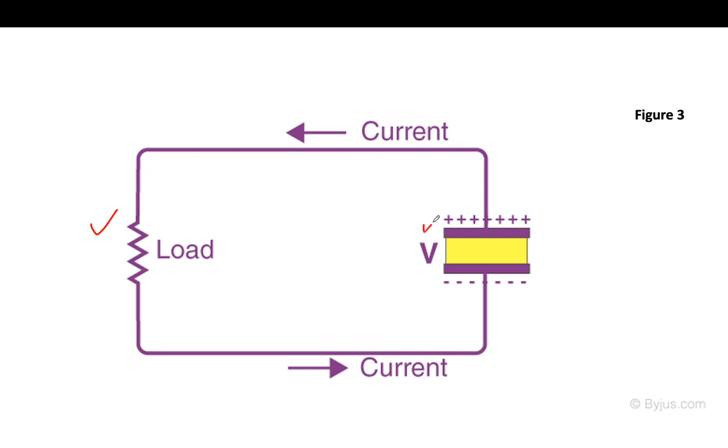This is our plate 1, because current will flow from positive to negative. So the current flows through the load from plate 1 to plate 2 until all the charges are dissipated from both plates. This time span is known as the discharging time of a capacitor.